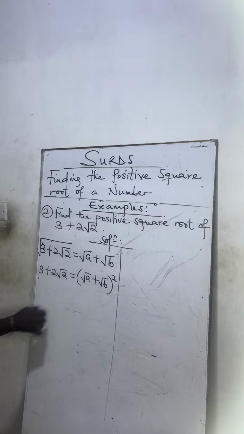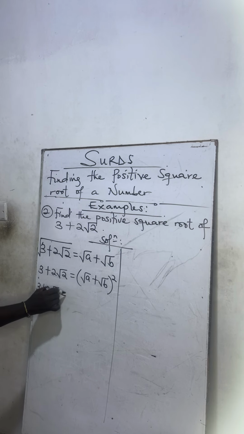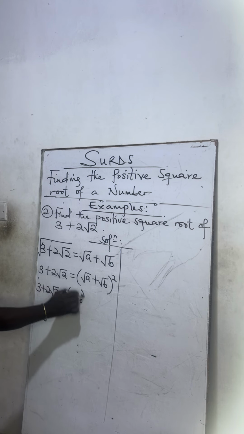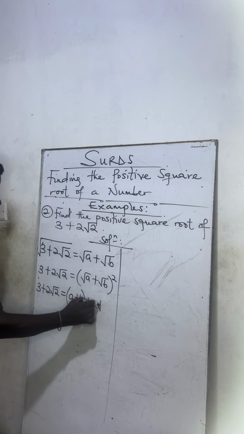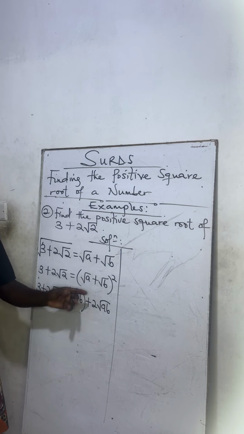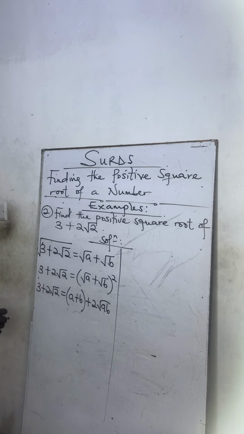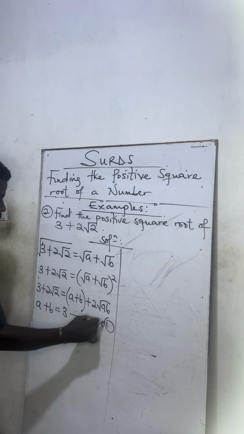Now, when we expand this, 3 plus 2 square root of 2 is equal to a plus b plus 2 times square root of ab. That's what we have when we expand this. Now, by equality of sets, we have a plus b equal to 3, equation 1.